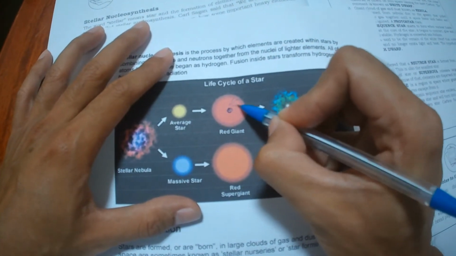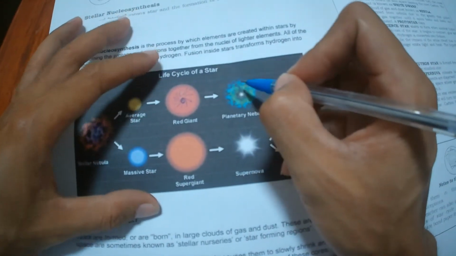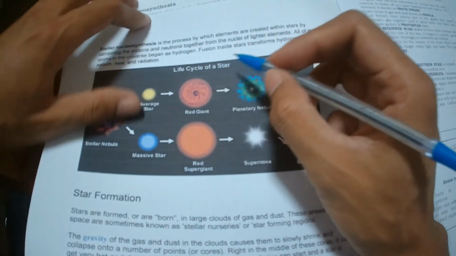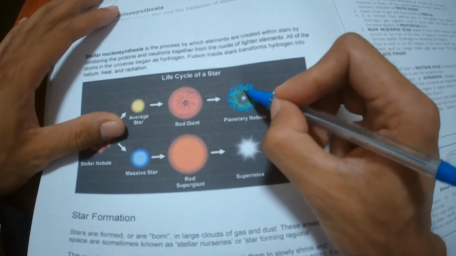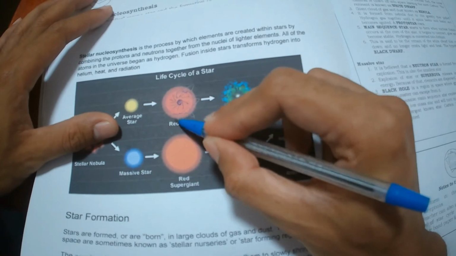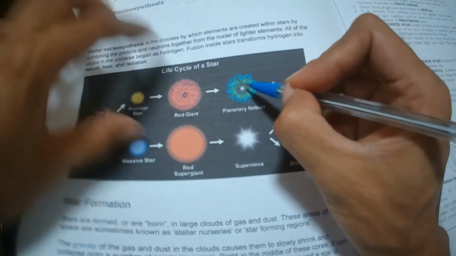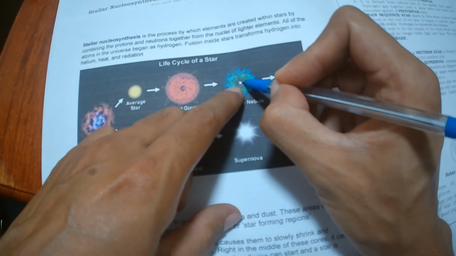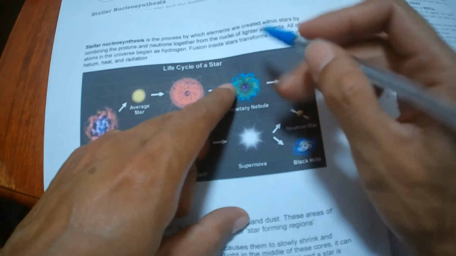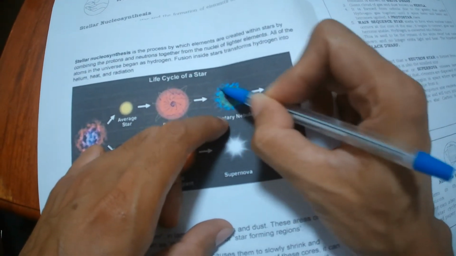Pag na-burn out na niya lahat ng fuel, nauubos na yung fuel sa paligid niya. So, in due time, unti-unting mawawala yan. So, maiiwan na lang yung natirang, yung maliit na core. So, yung nagiging clouds na dyan, unti-unti na lang mawawala yan.